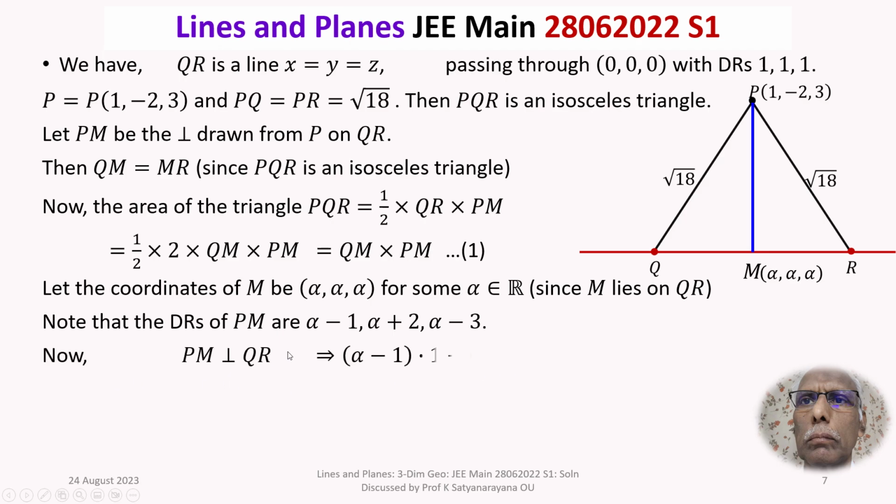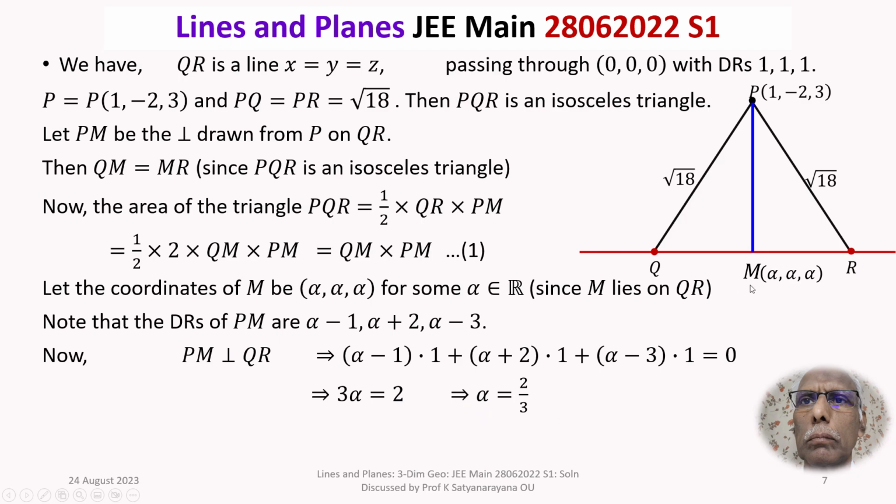Now PM is perpendicular to QR, which will imply the product of the direction ratios summed up will be equal to 0. Alpha minus 1 into 1 plus alpha plus 2 into 1 plus alpha minus 3 into 1 is equal to 0. Now simplifying, we will get 3 alpha is equal to 2. That will imply alpha is equal to 2 by 3.